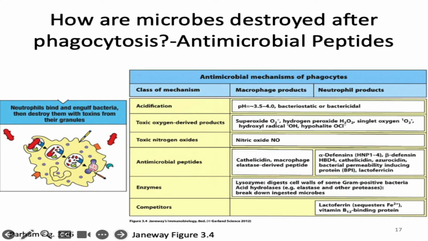There's one more key thing that happens when we're thinking about this process with the neutrophil. If you look back to day 2 of this class, when I showed you the table of cells of the immune system, there was one other thing that was unique about neutrophils.